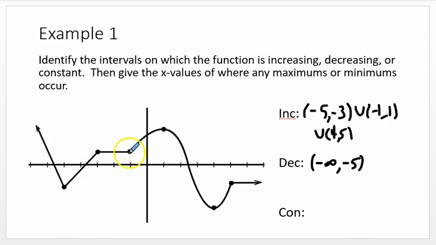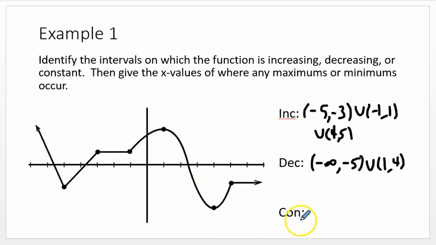Then it moved up for a while, then it was constant, then it was moving up again. Here's our next decreasing interval. So starting from x equals 1 on the x-axis, and it continues until we hit an x value of 4. So there are 2 locations where my graph was getting lower as I read it from left to right.